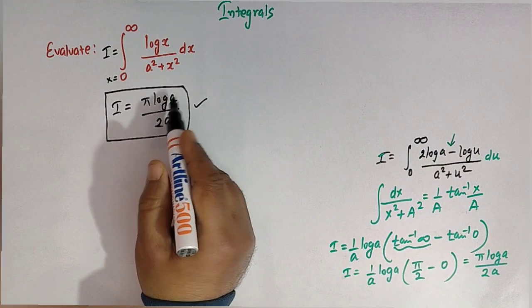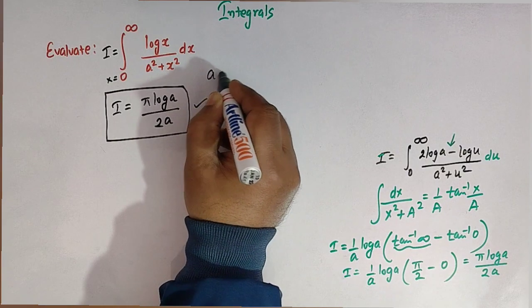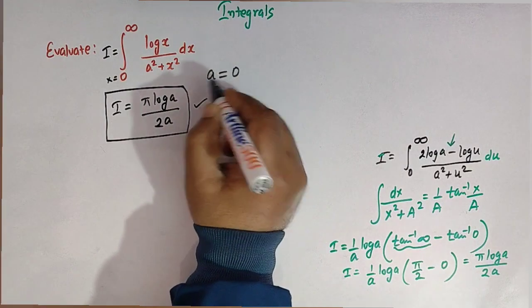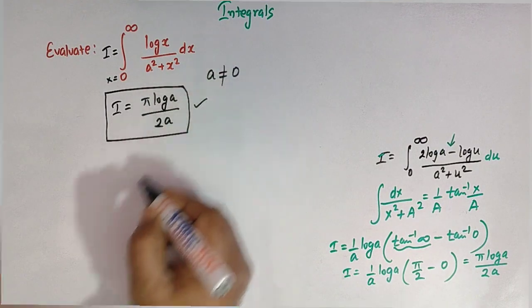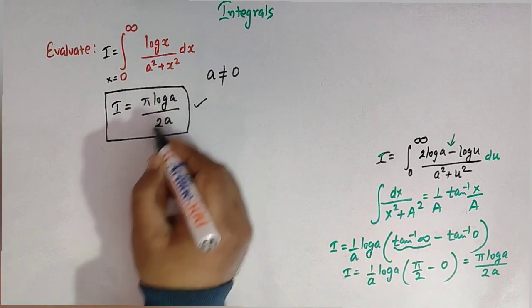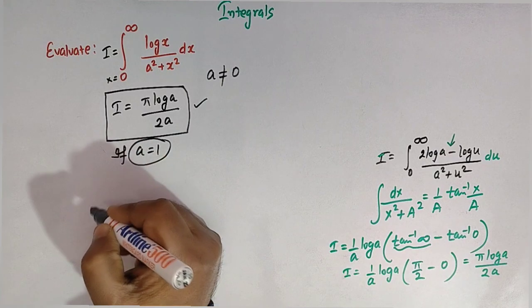See, this integral is obviously not defined for a equal to 0, so a should not be equal to 0, right? And the second thing is, if we take a is equal to 1, then what will happen?